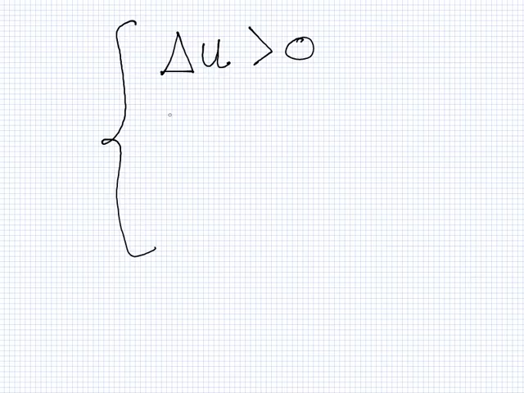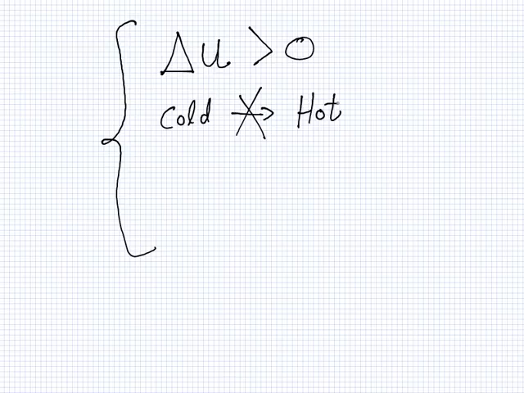So one way we could say it is that the energy cannot go from the cold to the hot. Okay? So you can write that down. But another way to say it is that delta U must be positive. That's just another way to say it.